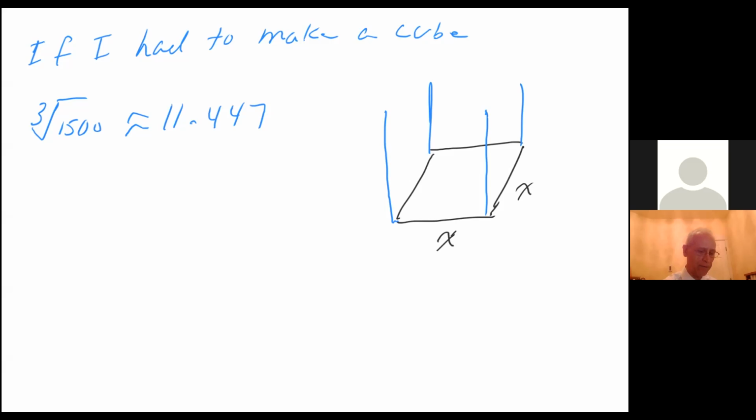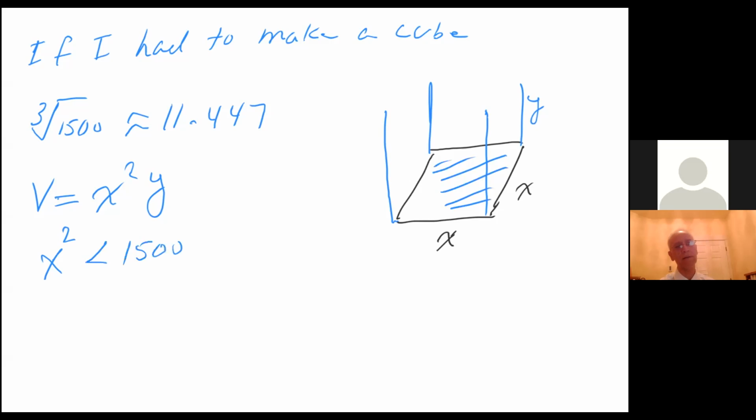I know that the volume of this box has to be x squared times y, let's call this y. If I wanted to have a very large base and practically very small sides, the most I could do is say that x squared, the size of this square base, has to be smaller than 1500.